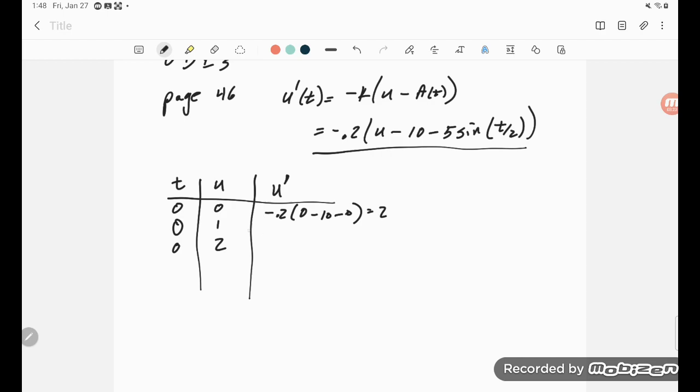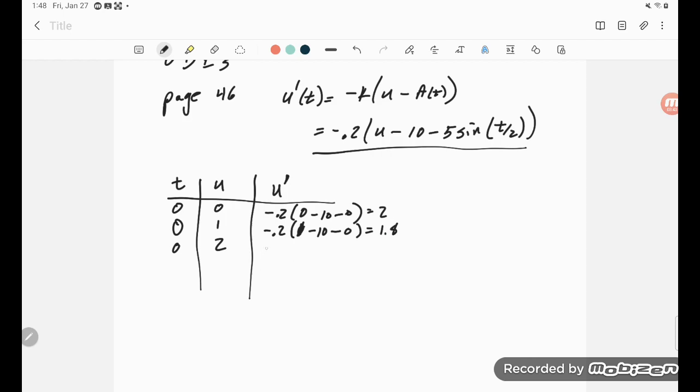And then at u equal 1, we would get minus 0.2 times 1 minus 10, 0, and so we would get 1.8.